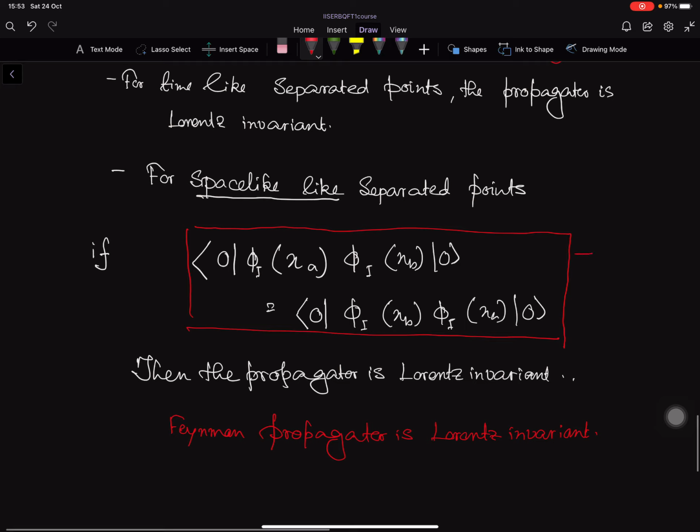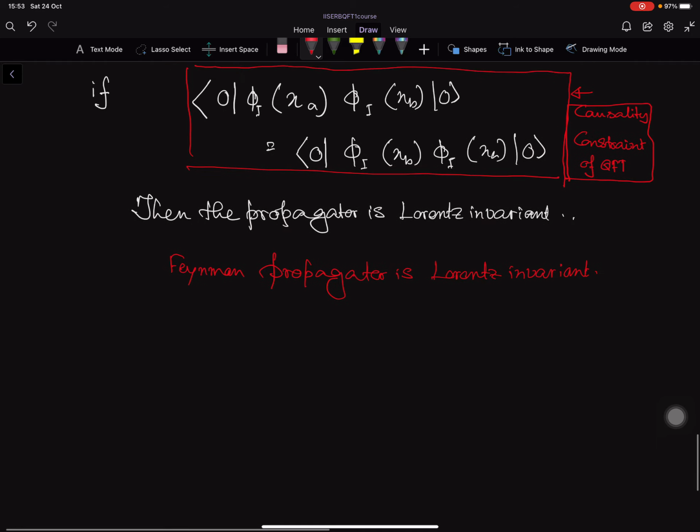Now another thing I want to mention is that this requirement is often called the causality constraint. So the causality constraint is simply saying, let me write that: causality in relativistic theory.